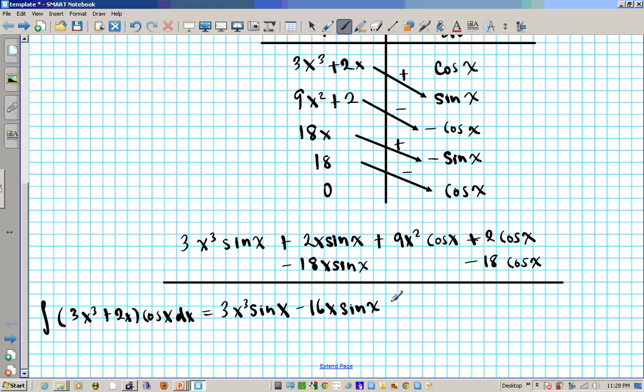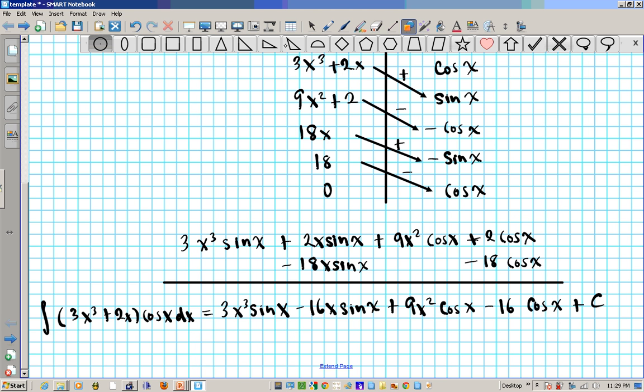This one has no common term, so I'll just bring it down, plus 9x squared cosine x. And the last but not least term, if I combine these two, I will have negative 16 cosine x. And then I'll have my plus c as my constant, and there goes my result.